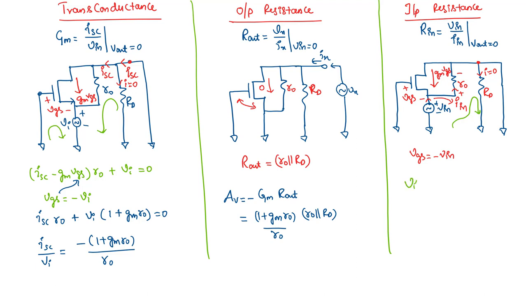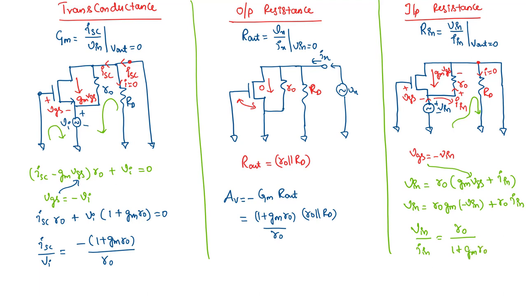So we can write Vin is equal to the voltage across R0, which is R0 times GMVGS plus Iin. And we know what is the VGS value here. Let's substitute. Then we get an equation like this. And then we can segregate and write Vin over Iin, which is equal to R0 over 1 plus GM R0, which in fact is equal to 1 over GM in parallel with R0.